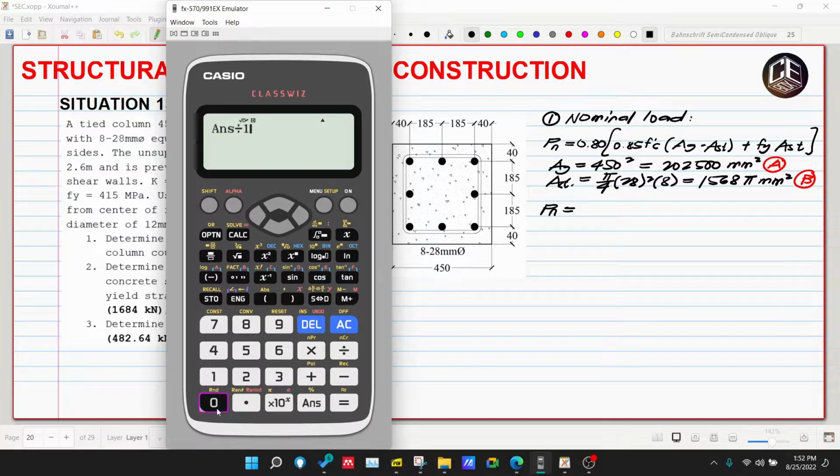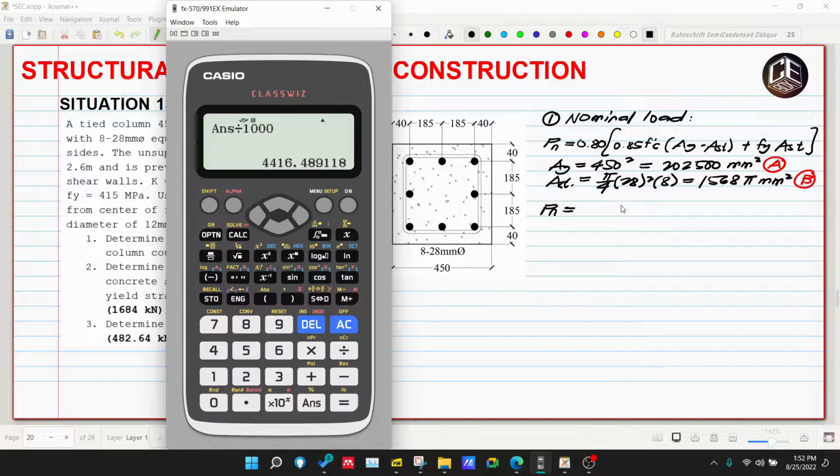Then, divide natin ng 1,000 kasi ito ay megapascal. So, Newton, then multiplied by millimeter squared, no? Newton millimeter squared multiplied by millimeter squared, cancelled ang millimeter squared. Kaya matitira ay Newton. Kaya divide natin ng 1,000 para maging kilonewton.